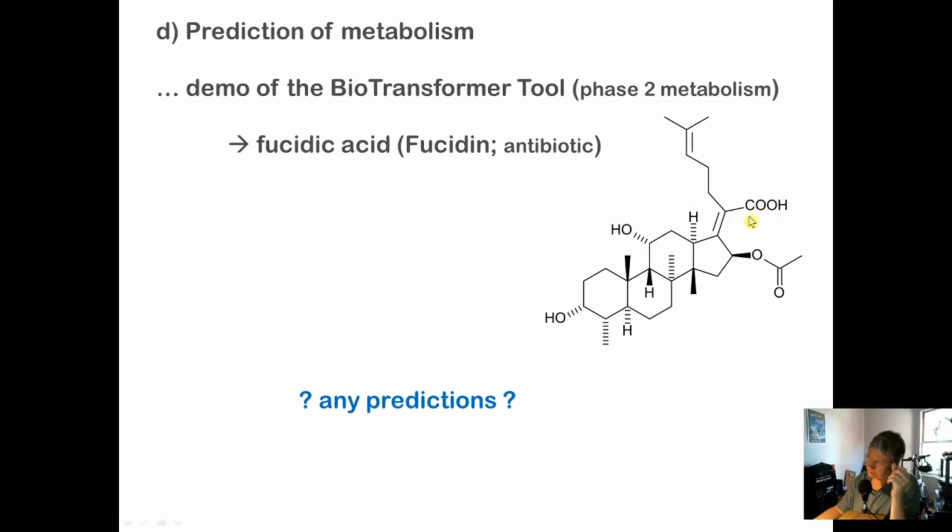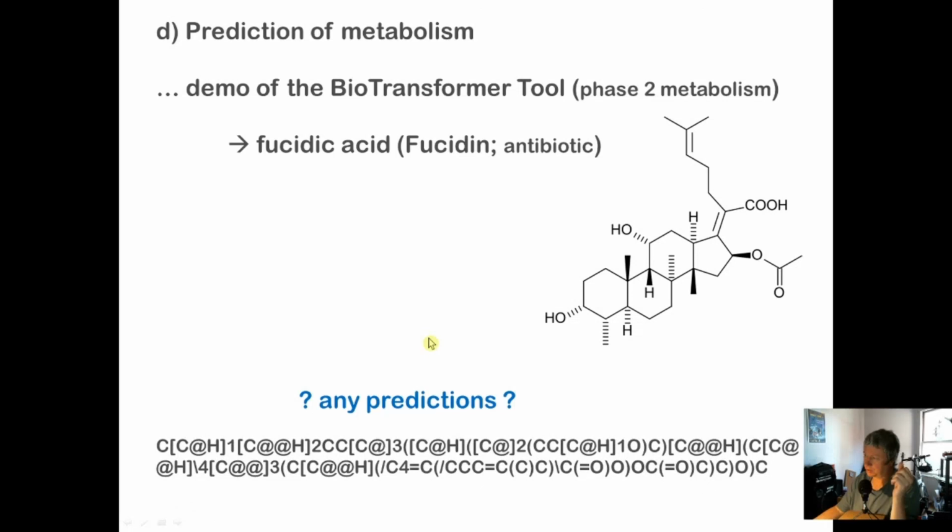There are phase 2 metabolites that might happen on carboxylic acids, like glutamine and glycine conjugation. So these could be turned into amides. Also, you could maybe imagine one or both of these hydroxy groups could be phase 2 metabolized, maybe with a glucuronic acid or sulfate or something like that.